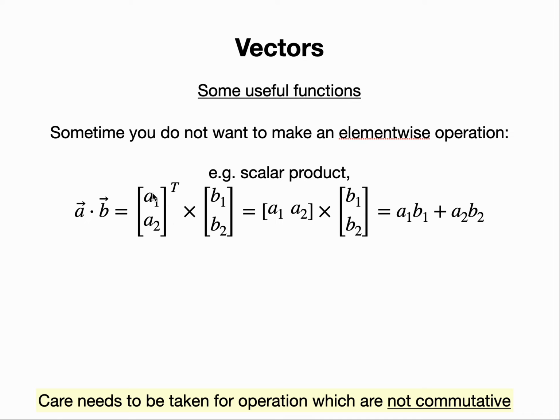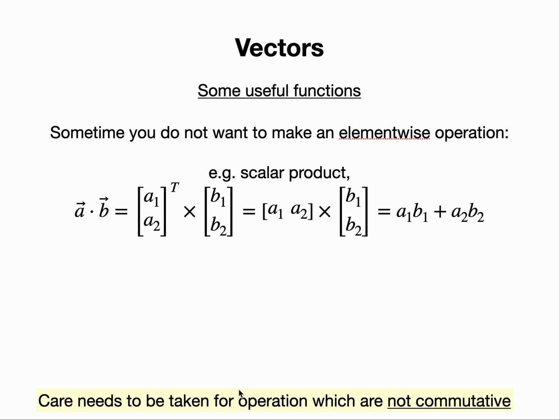So the transpose of vector A with two entries, A1, A2, will look like this, and the vector B is B1, B2. If you do a scalar product, the result will be a scalar, A1 times B1 plus A2 times B2. So you basically employ vectors and the result is a scalar.